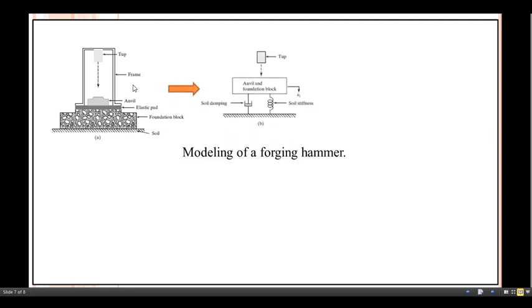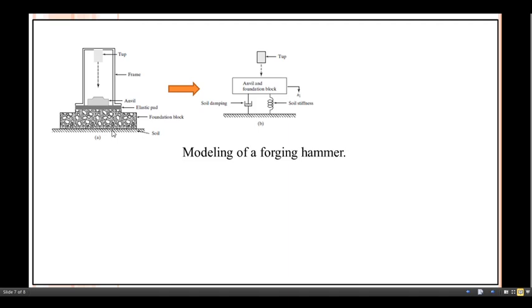Now look towards this picture carefully. Whatever this anvil and this foundation block are, we are just considering the anvil and foundation block as a unit system for the first approximation. Now this whole system is mounted on this foundation block, and below this foundation block the soil is there.